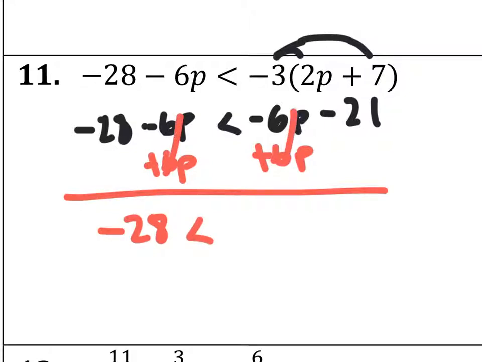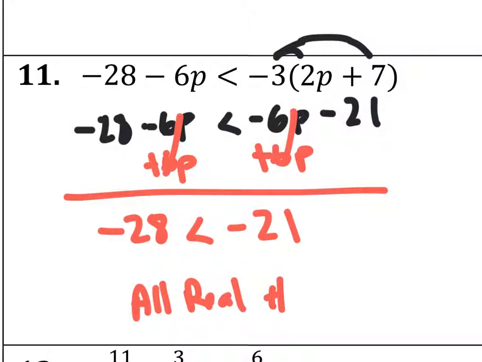Less than, the p's cancel out. So we're left with an inequality. Negative 28 is less than negative 21. Is this true? The answer to that is yes. Negative 28 is less than negative 21. I would rather owe someone $21 than 28. So negative 28 is more negative, which means the answer to this is all real numbers, or we have infinitely many solutions.